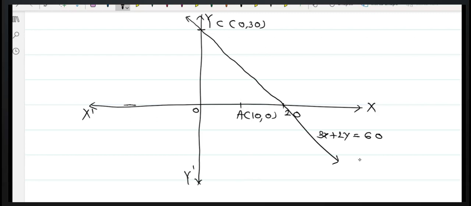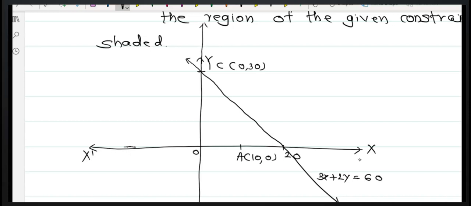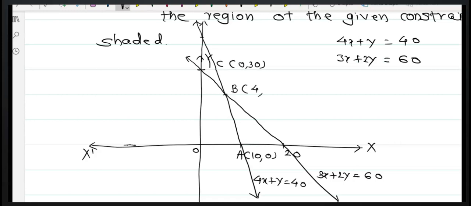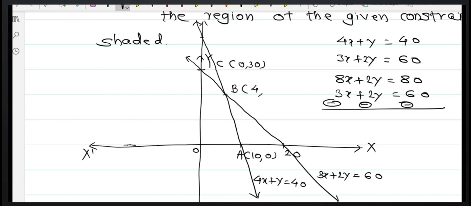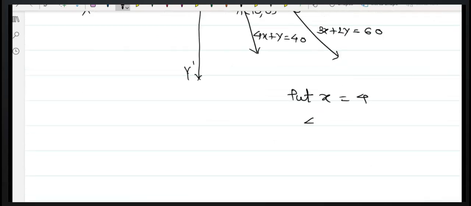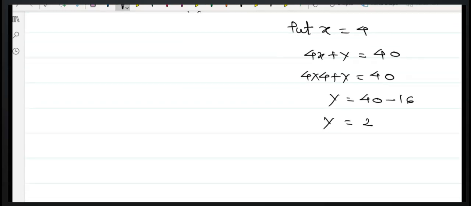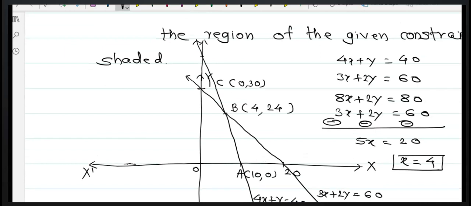This is the line 3x + 2y = 60. The next line is 4x + y = 40. For the point of intersection, solve it simultaneously. You will get x = 4. Put x = 4, then you will get y = 24. This is the point of intersection.